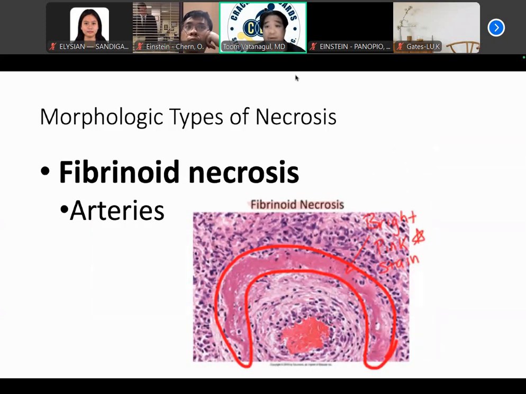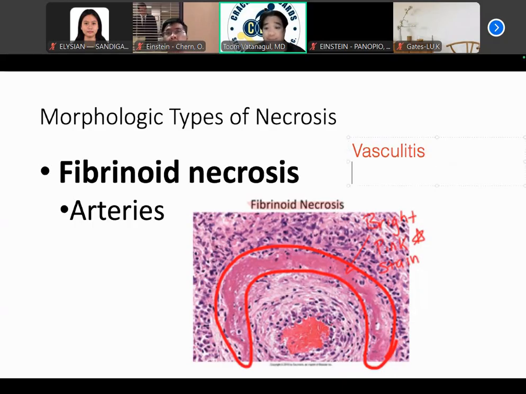Then we have fibrinoid necrosis, which we usually see in vasculitis, in blood vessels. This is the same mechanism or form of necrosis you see in graft versus host rejection, when the blood vessels are going to be rejected. So this is fibrinoid necrosis.